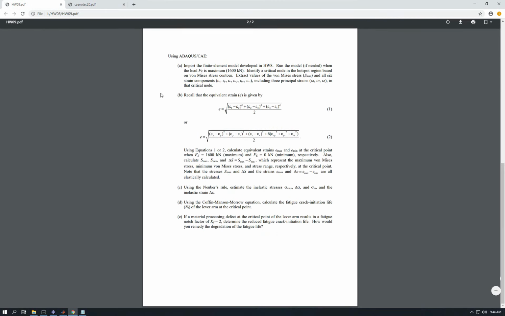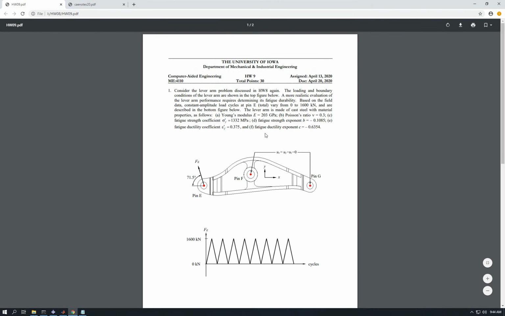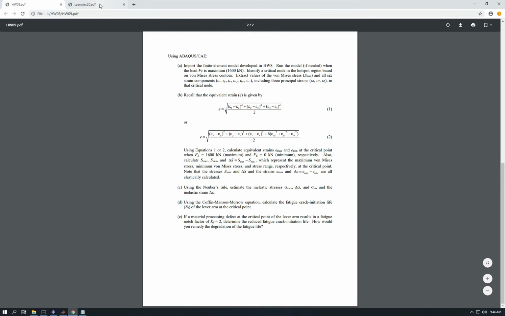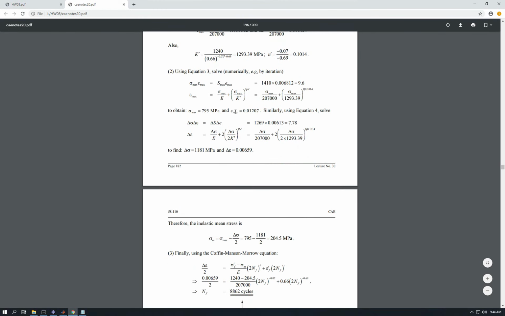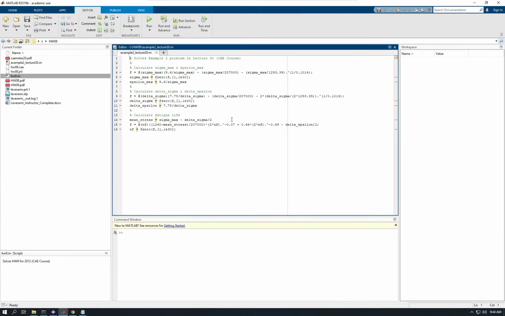You have them on your problem statement. And then you come down here in the same way. You take this one to the right hand side, and then replace this epsilon max with the sigma, and later put it in the MATLAB.